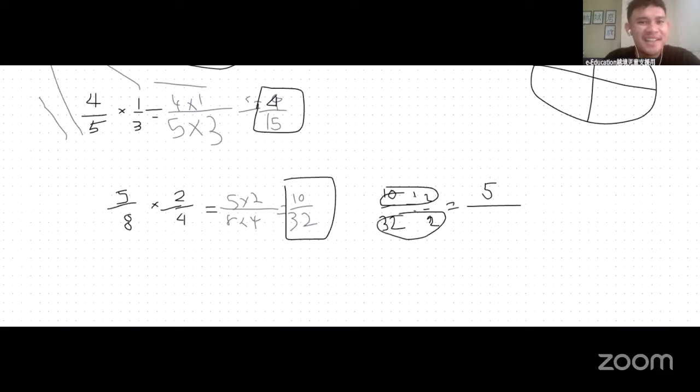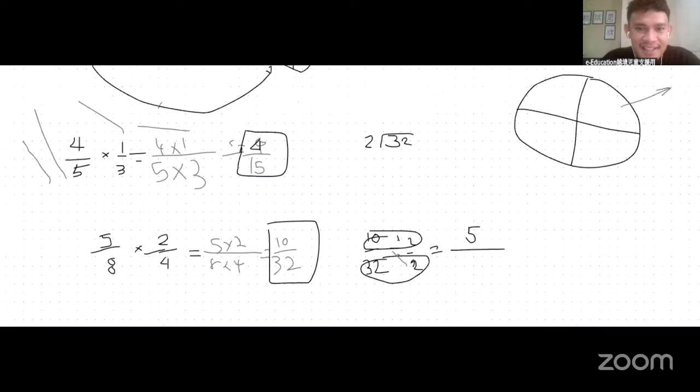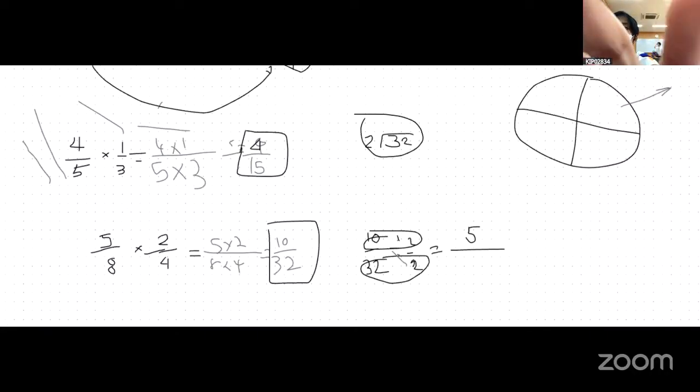Is that too big? Yeah, it's too big. So it's okay. Do you know how to do long division? Are you familiar with this? Yes. Okay, so let's try to solve it using that.